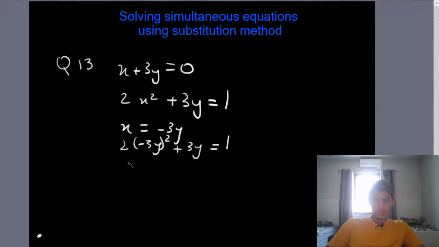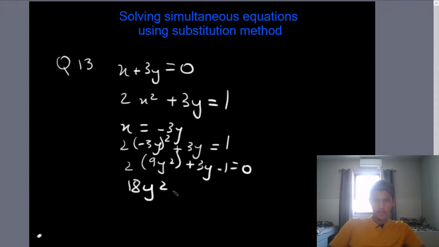So it will be 2 into 9y squared plus 3y minus 1 is equal to 0. So 18y squared plus 3y minus 1 is equal to 0.